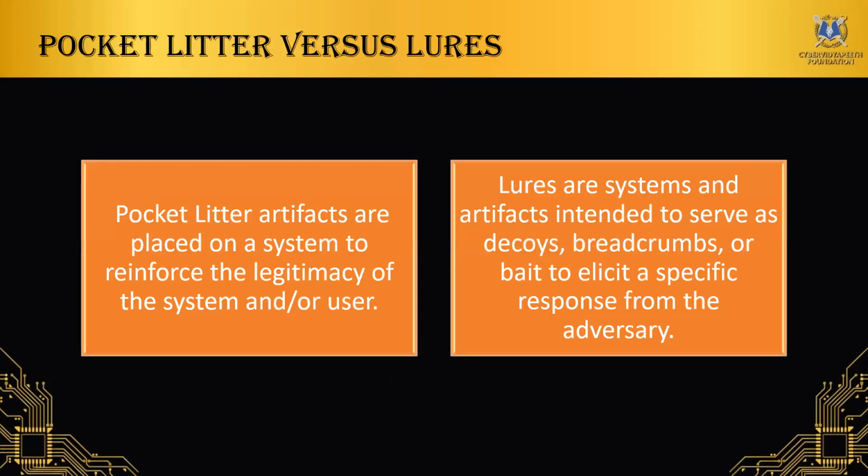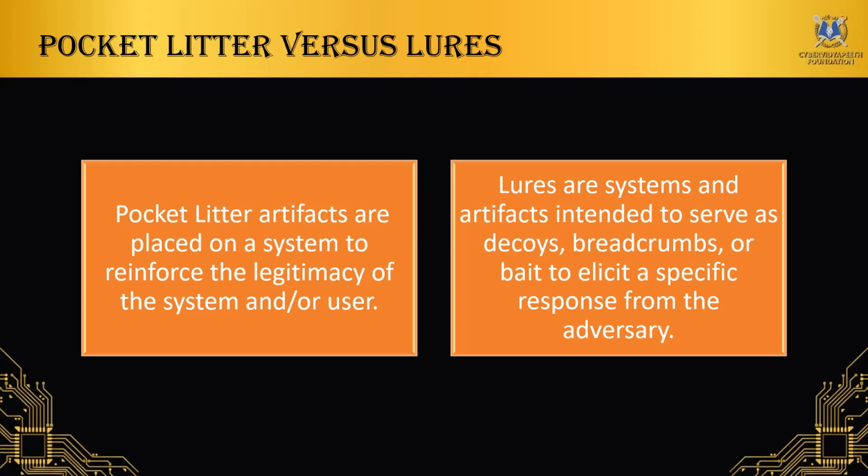So pocket litter artifacts are placed on a system to reinforce the legitimacy of the system or the user. And lures are systems and artifacts intended to serve as decoys, breadcrumbs, or bait to elicit a specific response from the adversary.